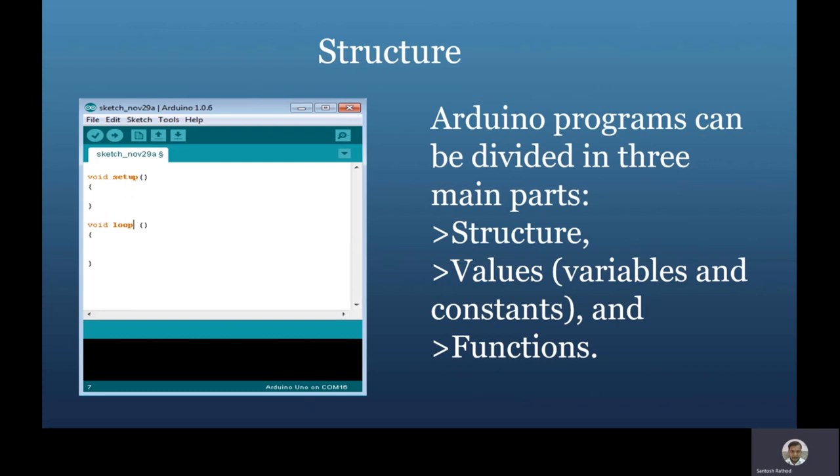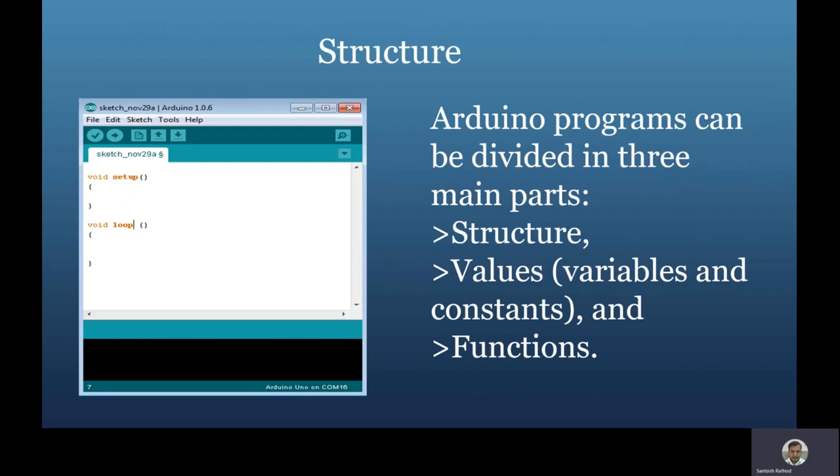It is used to initialize the variables and pin modes, and it also starts using the libraries. Apart from that, the setup function will only run once, after each power up or reset of the Arduino board. It also has the input, output, and the return as well.